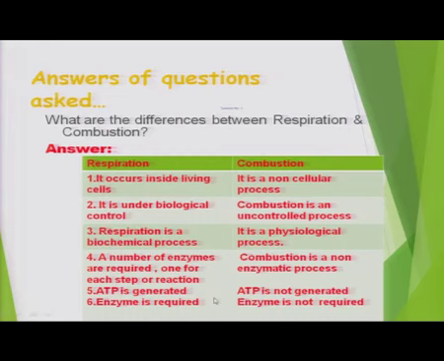In respiration, next point is ATP is generated. ATP, the full form is adenosine triphosphate. It is made up of adenine, ribose sugar and 3 phosphate groups, which is known as the energy currency, which gives energy when the cell needs it.